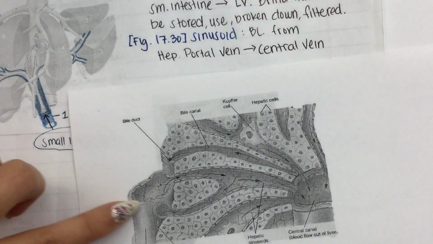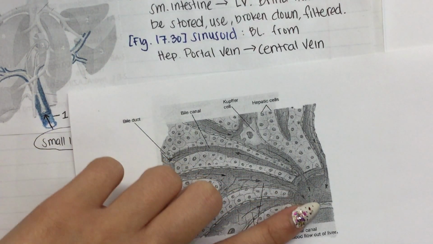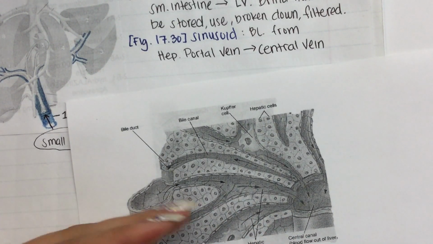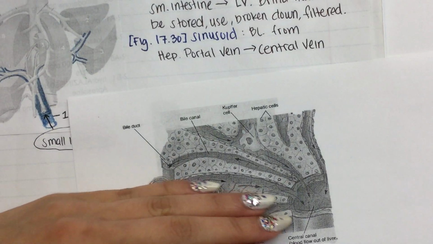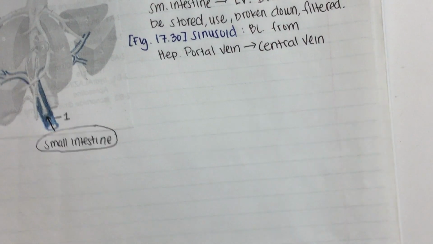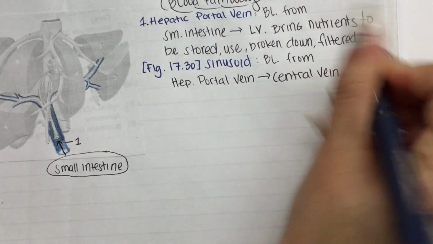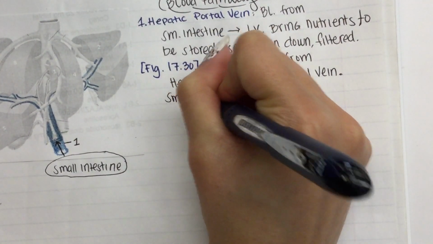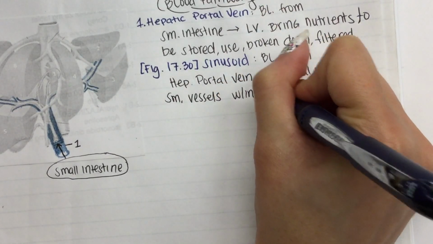So blood flows from the hepatic portal vein through this path called the sinusoid down to the central vein. Think of it almost like a sewage system, okay? Down comes out, down this path, and then down the sewer in the middle. So these sinusoids can be described as small vessels within the liver lobules.